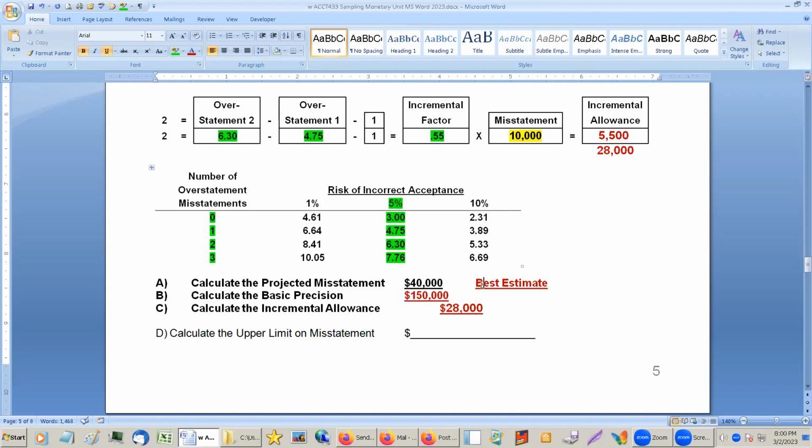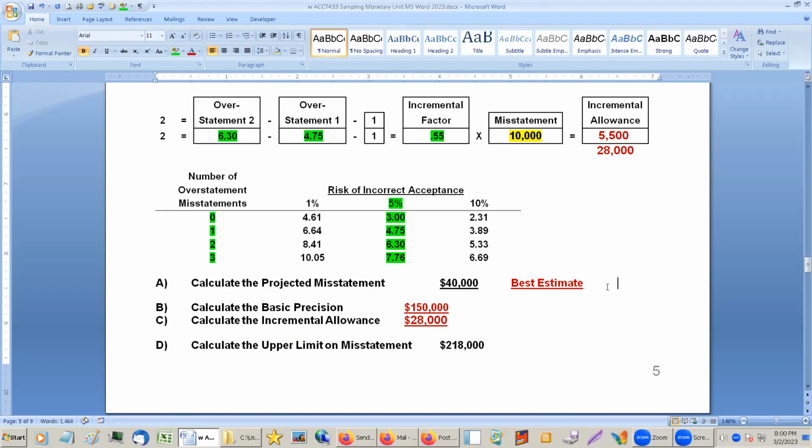So these three together will be our total upper limit. So the upper limit on this is what? 218, you said? Yeah, that's what I got. Okay. So this will be the upper limit. So this is how bad things could get at 5%.